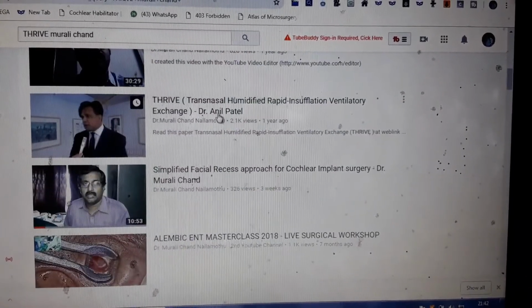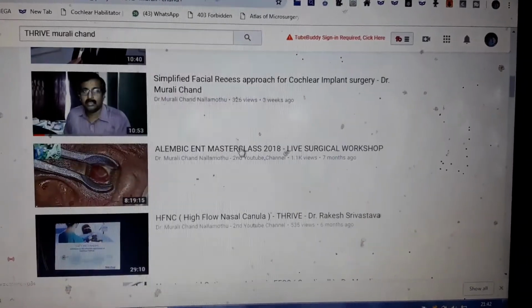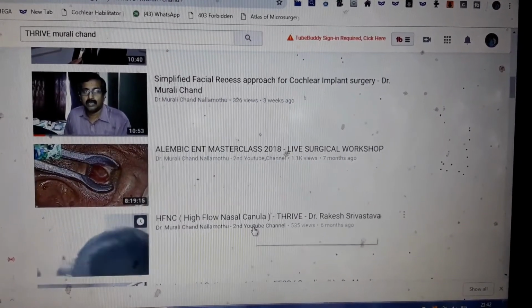So this was initially proposed by Dr. Anil Patel and Dr. Rakesh Srivastava from India. He is doing a lot of research. So in these no intubation, no ventilation cases, when you anticipate the situation, especially regarding my case, multiple laryngeal papillomatosis in a child of 5 years, where the child is in stridor, doing tracheostomy is also difficult.